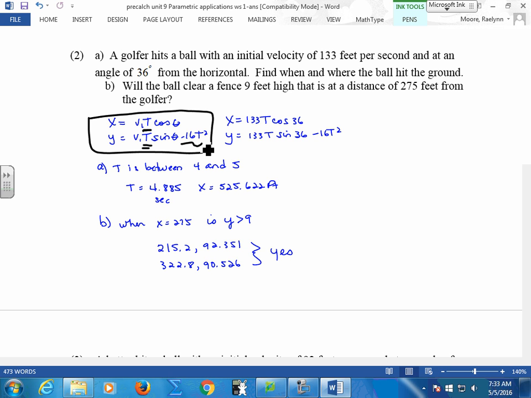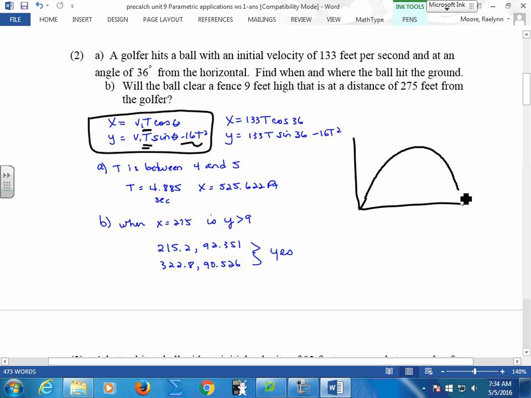Okay, so now what you want to model is a ball being hit, going up, coming back down. They want to know when and where will it hit the ground, because this is your time. This is your horizontal distance. This is your vertical distance.